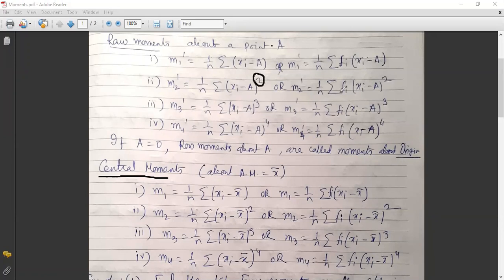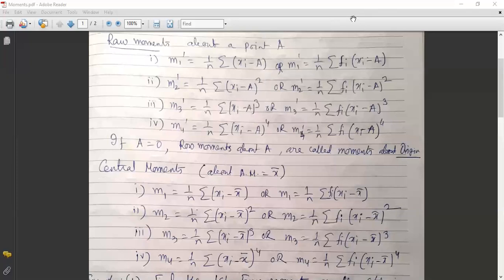What is a? A is any point, about a point that is given in an example. You can choose any point. And the third order moment is represented by m3 dash. The symbol is represented like this. And fourth order and so on.